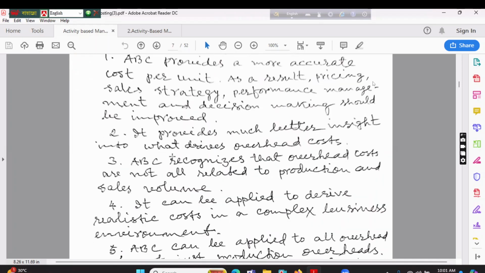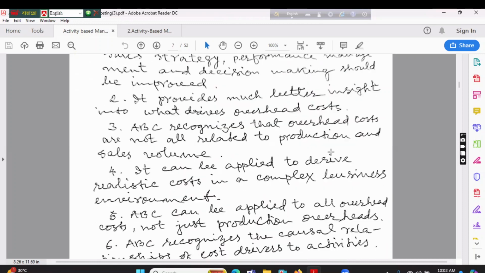So ABC provides much better insight into what drives overhead cost. Number 3, ABC recognizes that overhead costs are not all related to production and sales volume.